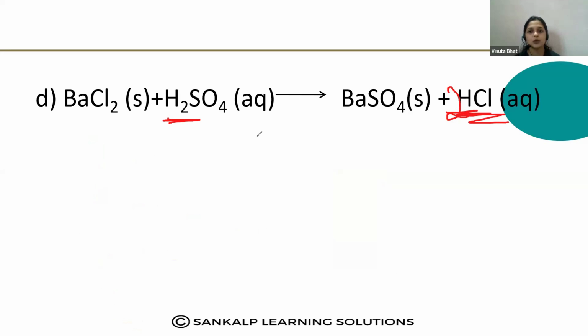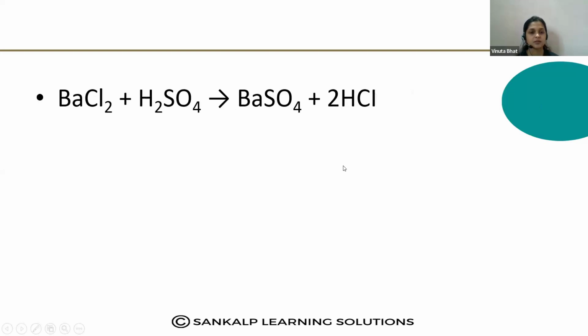Here also hydrogen is 2. Barium, sulfur and the barium sulfate, everything is balanced; it was already balanced. Yes, this is the correct answer for the question.